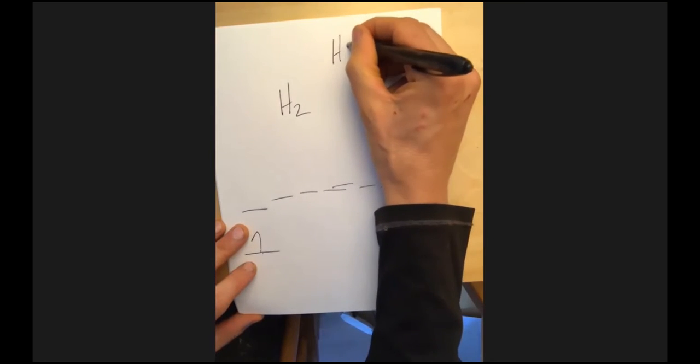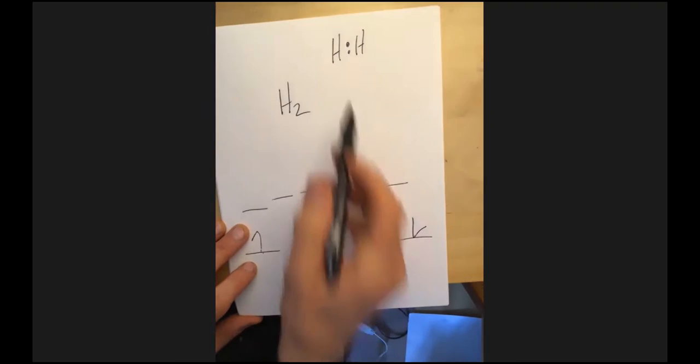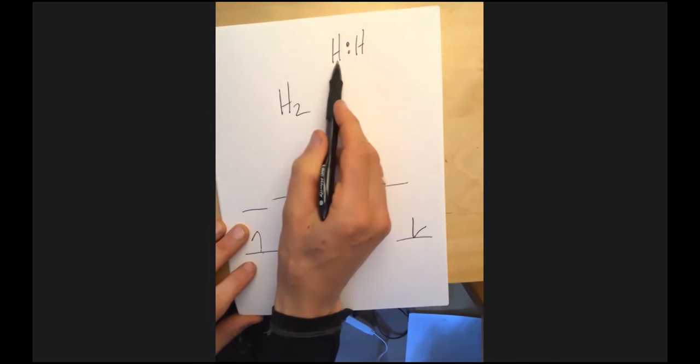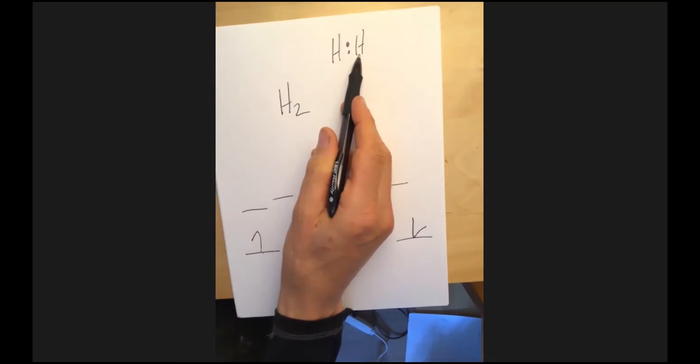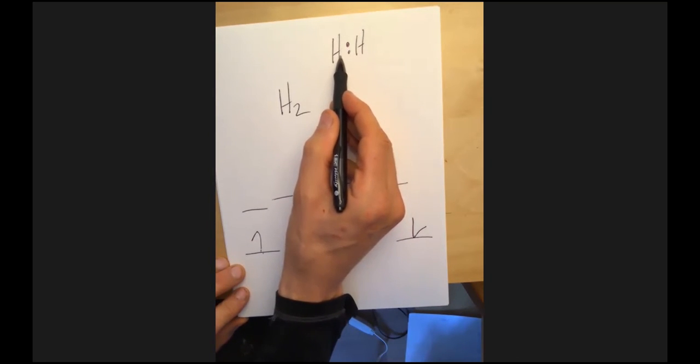We've often written hydrogen this way, to show two dots, 2 electrons being shared by those 2 hydrogen atoms. And that's how we understand the bonding formed in hydrogen. How am I doing? So far, so good.